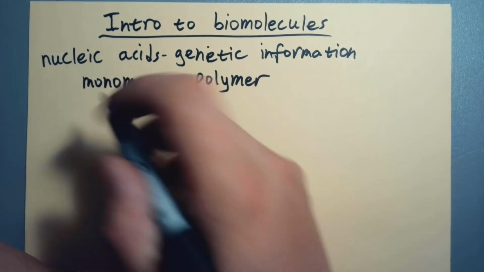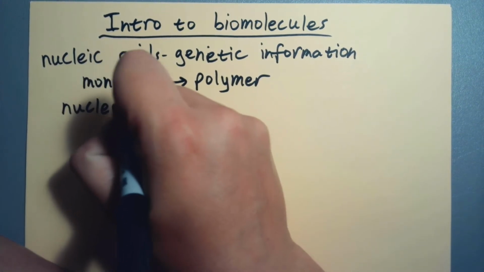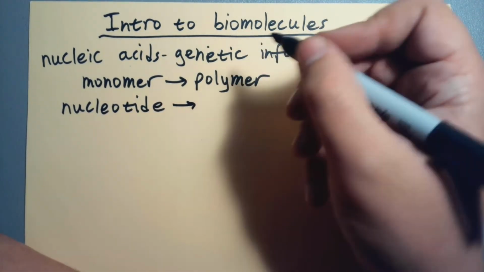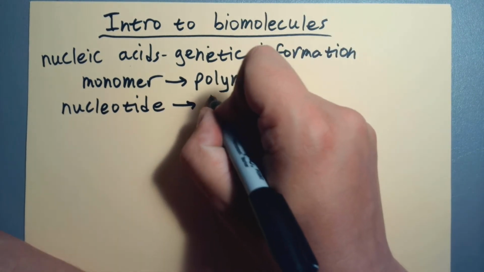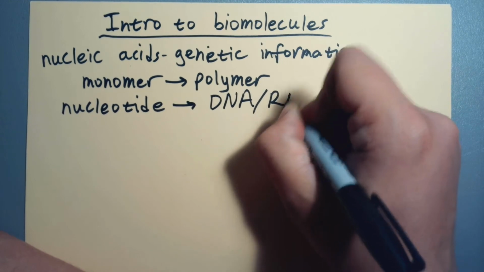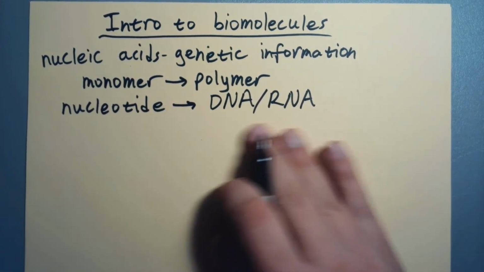For nucleic acids, we have the monomer of a nucleotide, which we'll talk about more later. That's going to polymerize. We're going to put together a lot of nucleotides and make something like DNA or RNA. And we'll talk about the difference between these two.